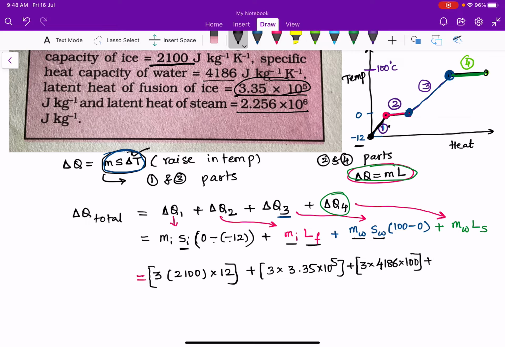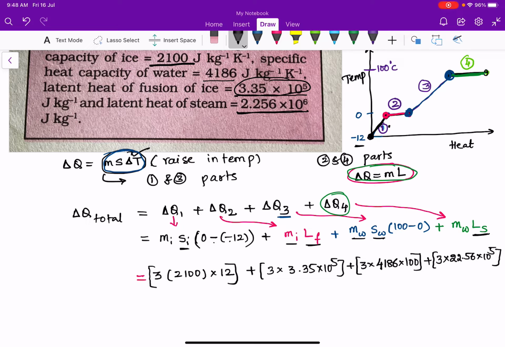So the fourth part is mass of water, 3 kg, into latent heat of steam, which is 2.256 into 10 to the power of 6 joule per kg. That is, we can write it as 22.56 into 10 to the power of 5 joules per kg.